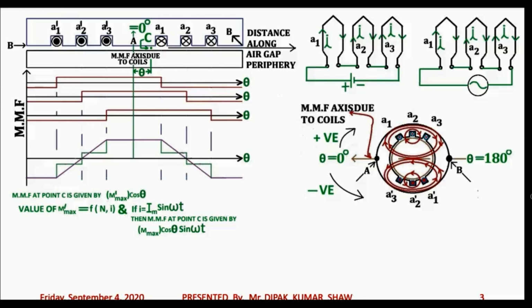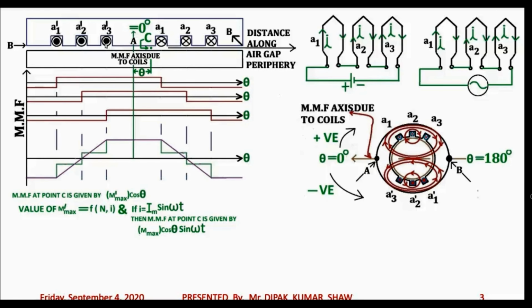Accordingly, we will have three graphs. You can see there are three rectangular MMF distributions, corresponding to those three coils, which are named A1 A1 dash, A2 A2 dash and A3 A3 dash.